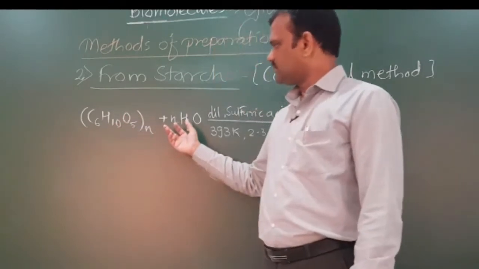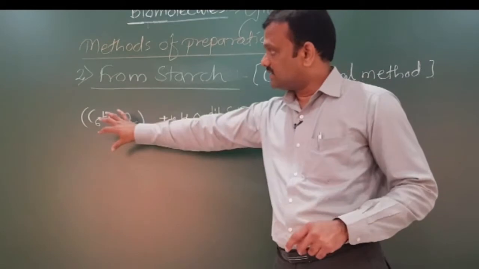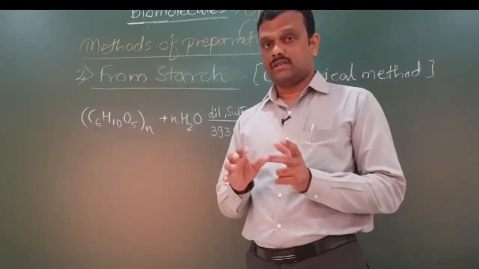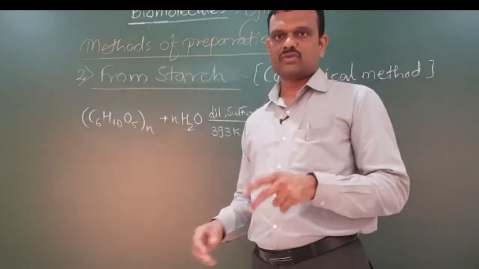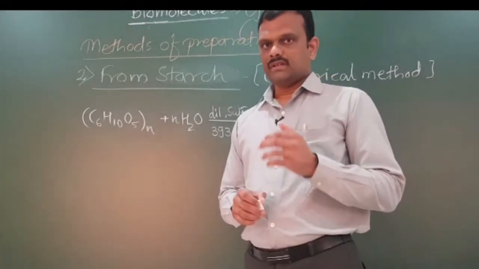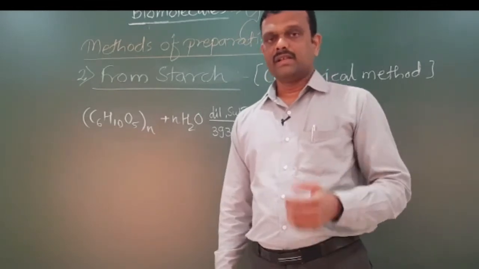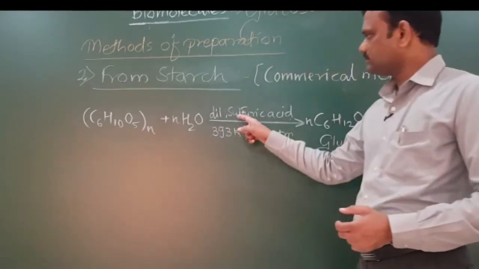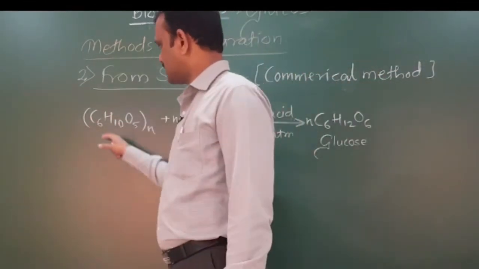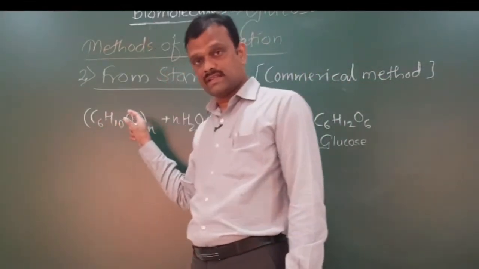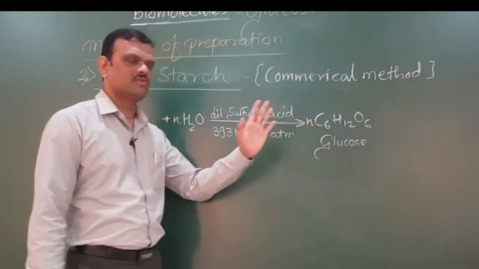On hydrolysis of this starch, now what happens, this starch does not dissolve easily in water. For that purpose you have to heat the reaction mixture. You have to dissolve the starch at higher temperature in presence of dilute sulfuric acid. This starch undergoes hydrolysis in presence of water and forms n number of glucose molecules.